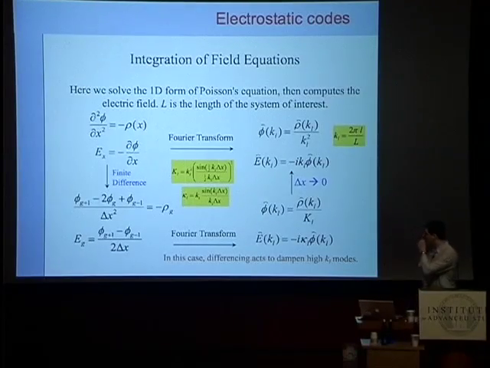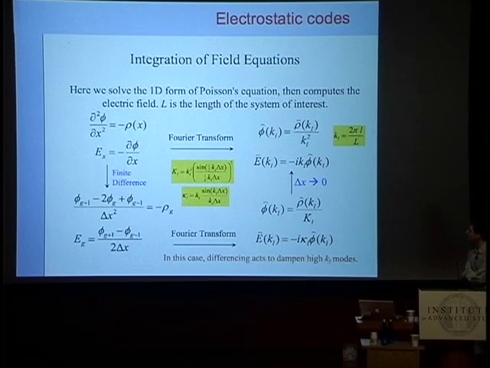so when we solve the Poisson equation, you can think of it as solving it in the Fourier space. So this is the second order derivative of the potential equals the charge density. You can finite difference it, and you can either solve this using the matrix equation, or you can solve this using the Fourier transforms.